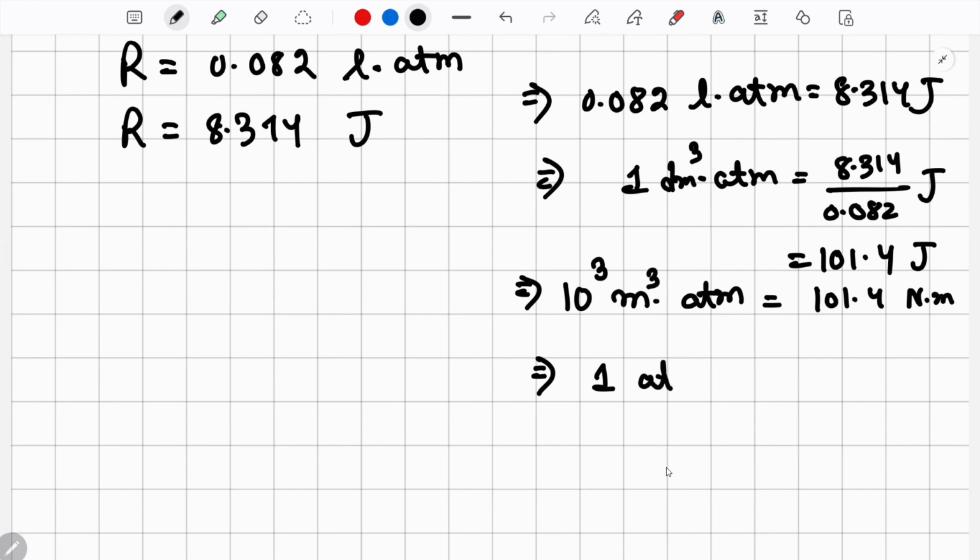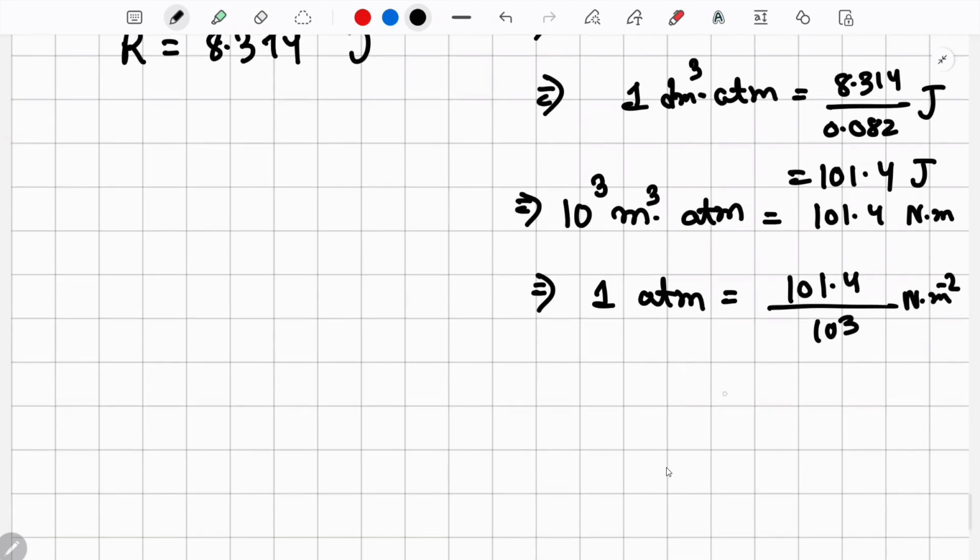So 1 ATM is, do it, this is 10 to the power 3.